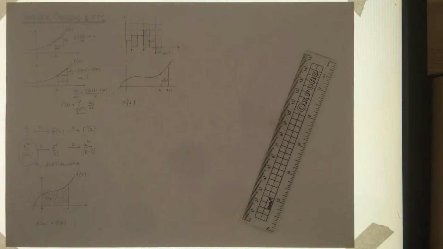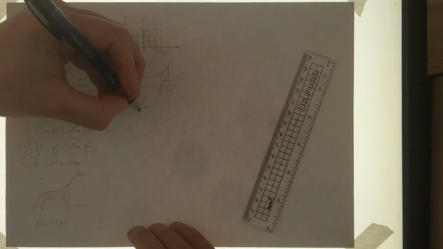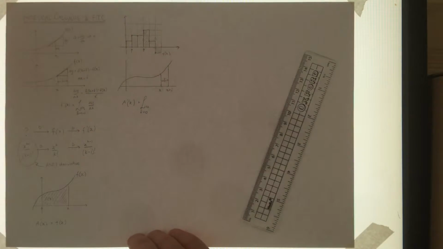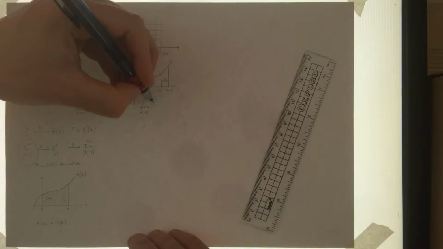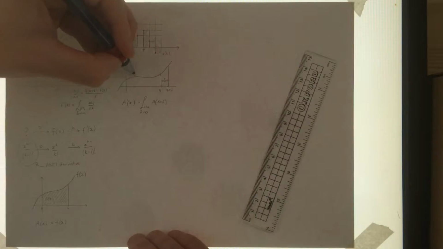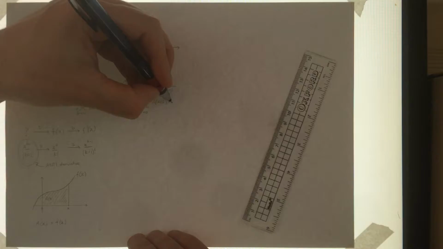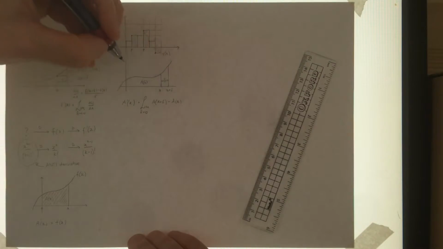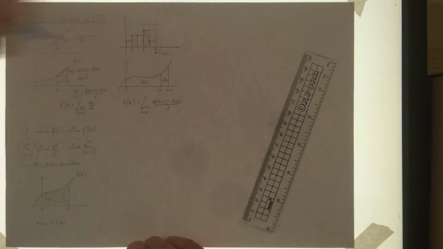So by differential calculus, a dash of x equals the limit as delta tends to 0 of a of x plus delta, which is just this big area, minus a of x, which is just this smaller area, over delta.